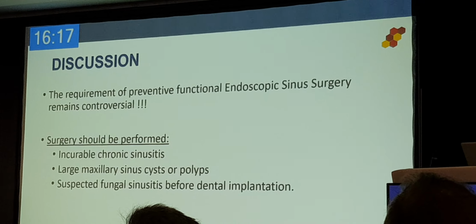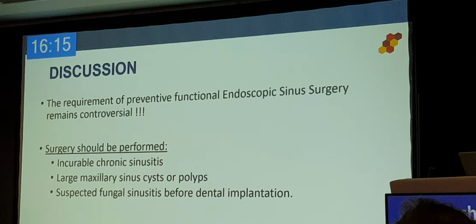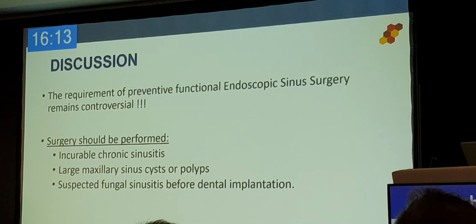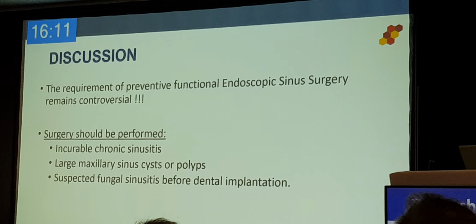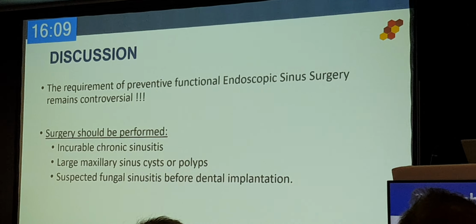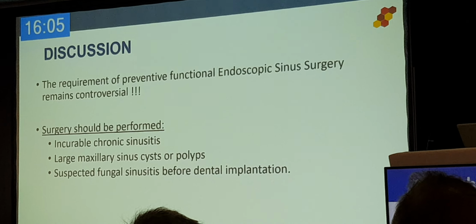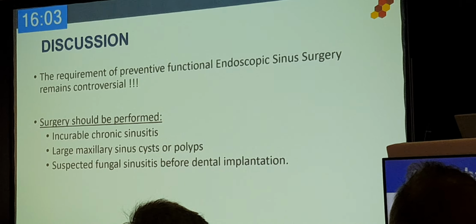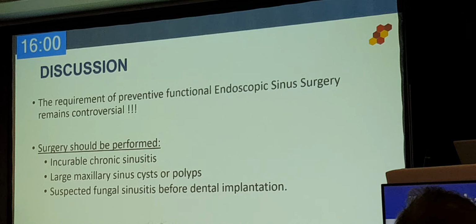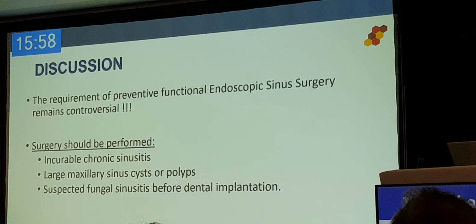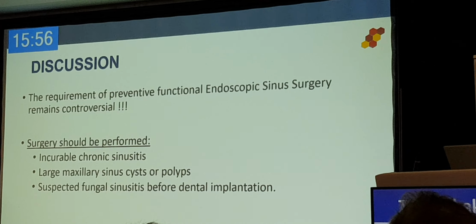And the discussion, like all of us, we can agree that the role of preventive functional endoscopic sinus surgery is controversial. Perhaps some indications are incurable chronic sinusitis, a large maxillary sinus cyst or polyp, or suspected fungal sinusitis.